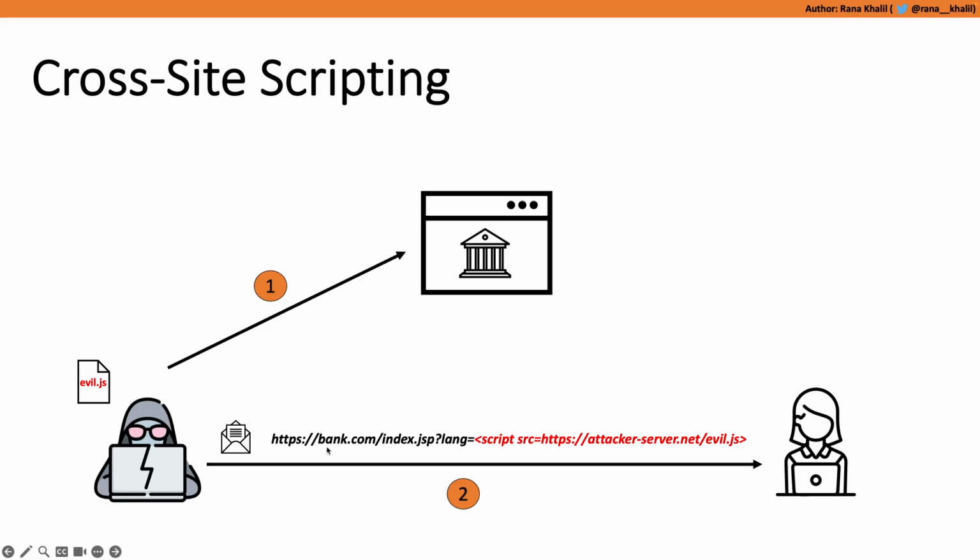Now, the issue over here is that if the attacker clicks on this link, the attacker is executing the script in his own browser. So essentially, the attacker is exploiting himself.